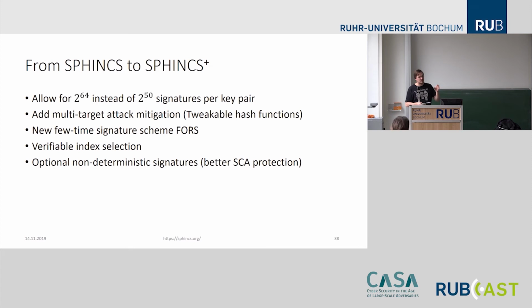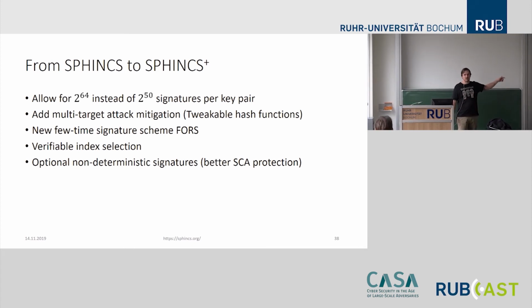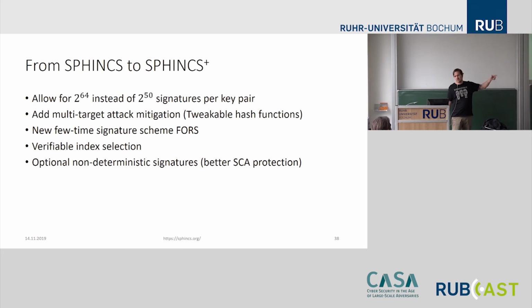So we had by then already figured out the solution, what I showed you before, to actually get tight security proofs, but that's something that we then included in Sphinx Plus. We changed the few-time signature scheme, which I will briefly go into in a moment. And we used something called verifiable index selection, which hardened the scheme a bit and thereby allowed us to decrease the security or the parameters a bit at the same security.